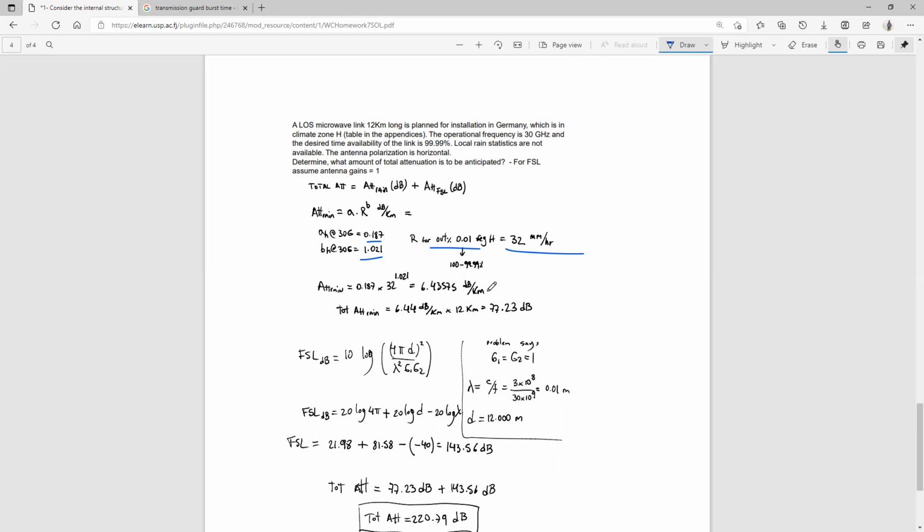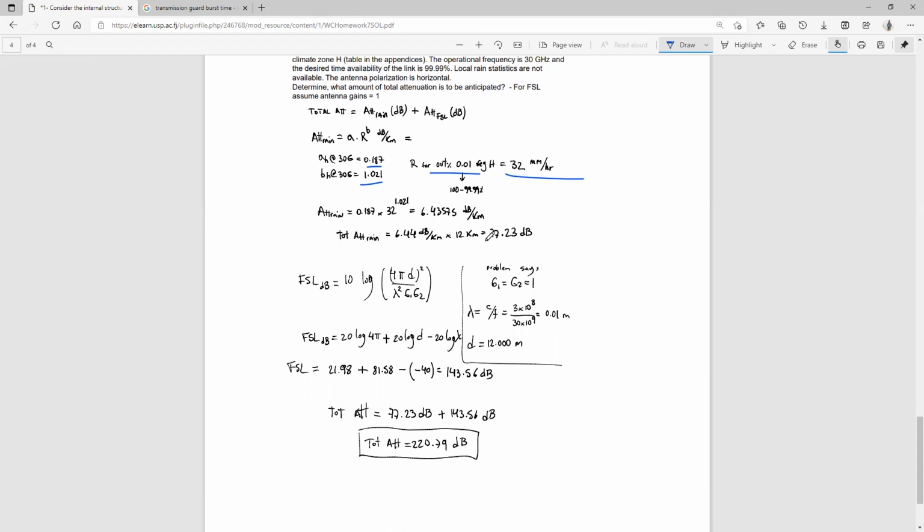In order to convert this unit from dB per kilometer to just decibels, the total rain attenuation is the attenuation rate multiplied by 12 kilometers. It is going to give us 77.23 decibels. So we know our total rain attenuation.